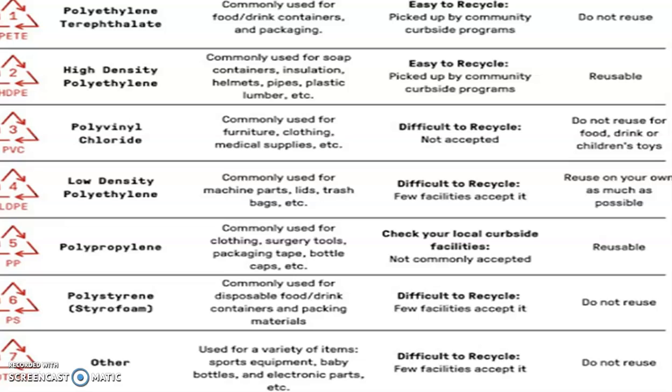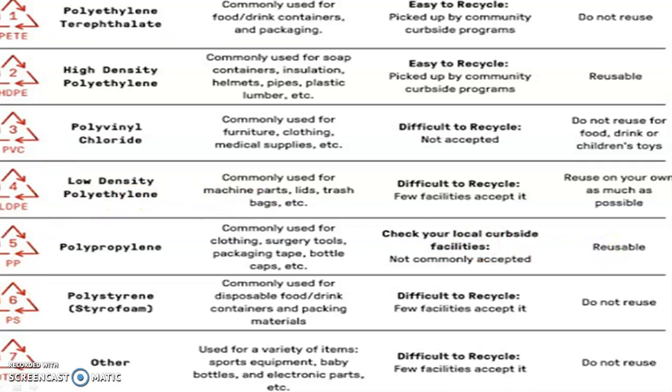Next, in the triangle, 5 is present, and at the bottom PP is written. What is PP? Polypropylene, commonly used for clothing, surgery tools, packaging tapes, bottle caps, etc. Check your local curbside facilities, as it is not commonly accepted, but it is reusable.